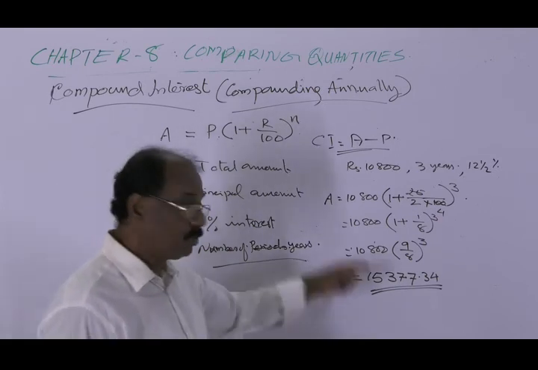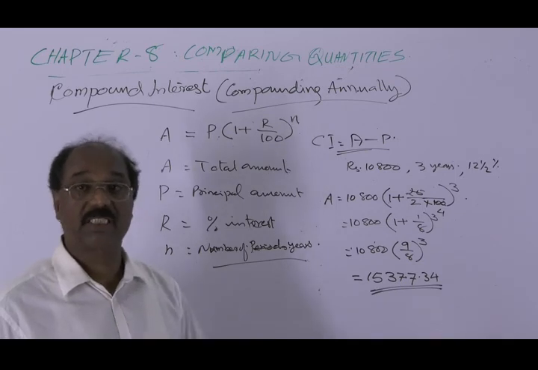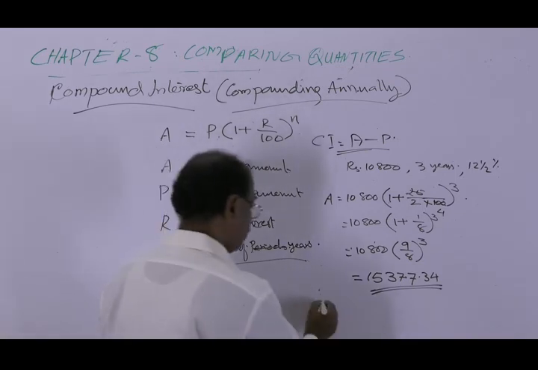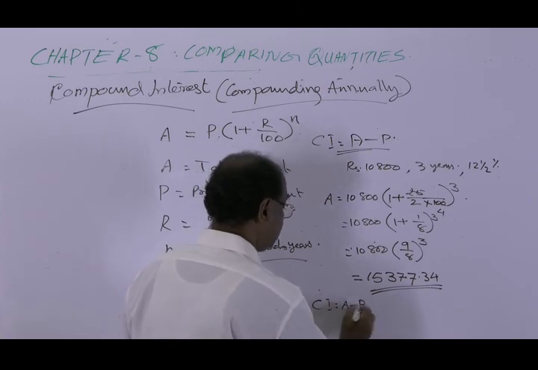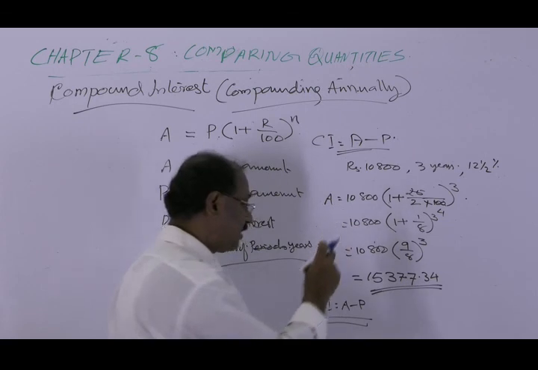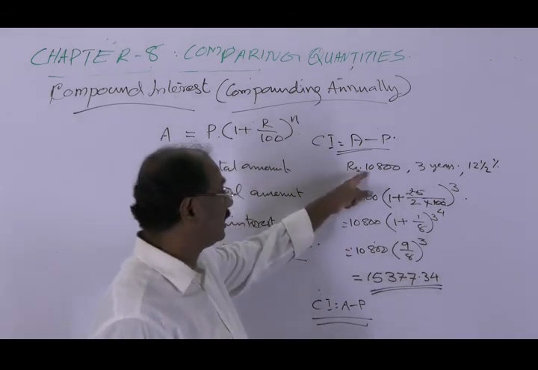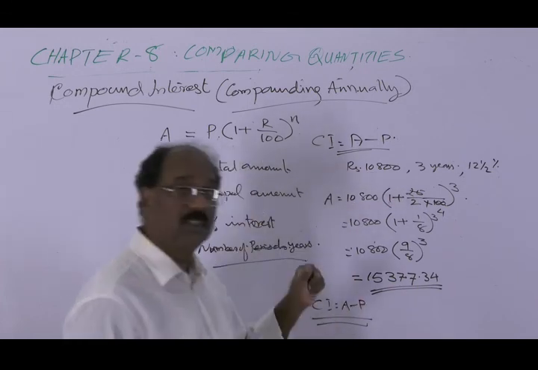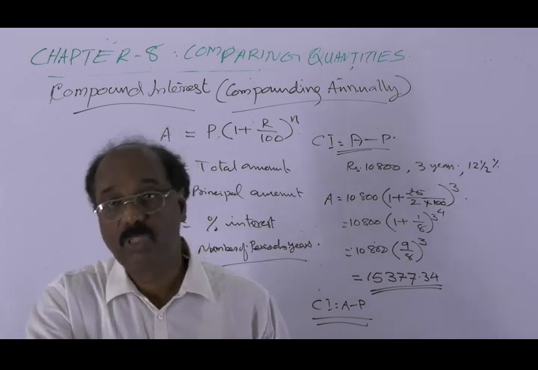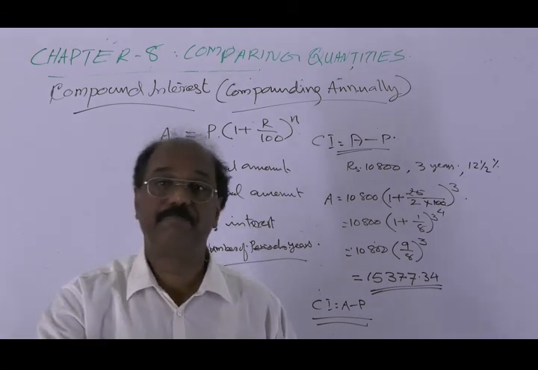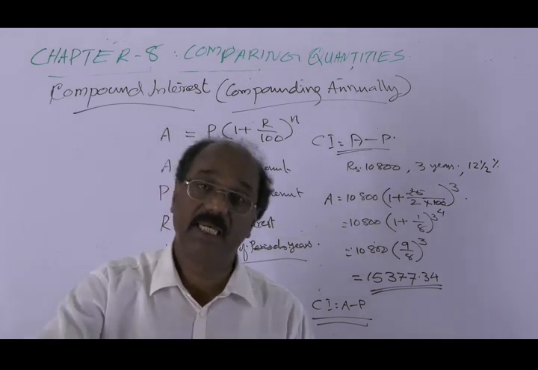This is the total amount, principal plus the compound interest. And the compound interest is equal to A minus P, that is 15,377.34 minus 10,800. That will be the compound interest. So in this way we can find the compound interest compounding annually. More examples in the next videos.